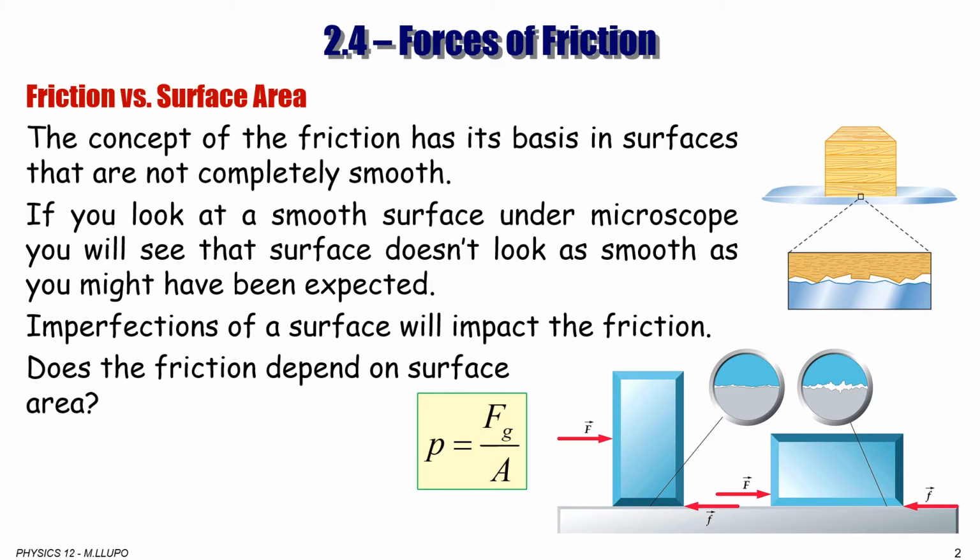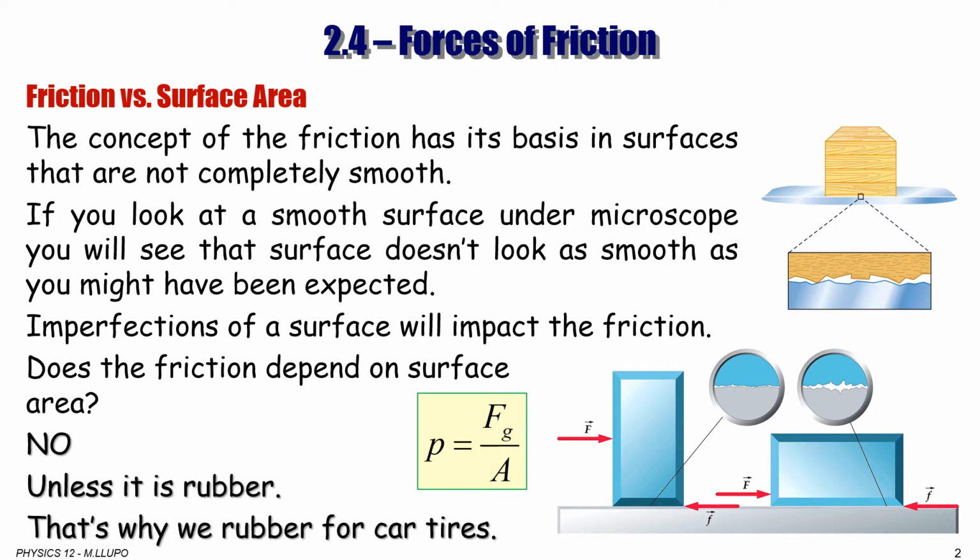So that means that friction on the second one is smaller. However, this pressure and friction work together so that no matter how much is the surface area, even the small surface area will give you the same friction as a bigger surface area. So the answer would be no. Friction does not depend on surface area because they cancel each other with the pressure.